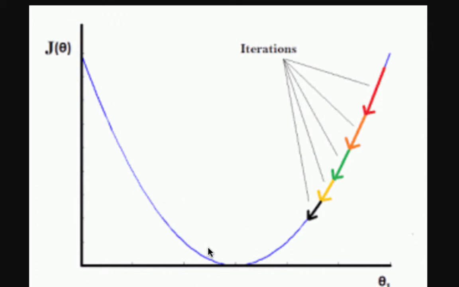That's why it's called gradient descent, until it gets to this bottom point. So it goes down at an interval that you can specify, and it'll stop whenever it doesn't get any better.